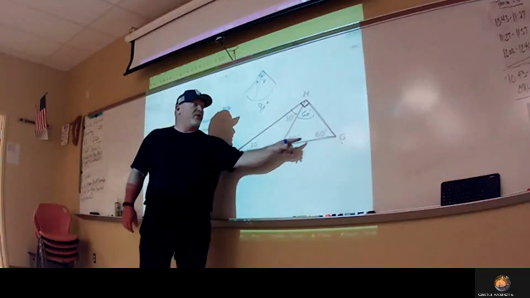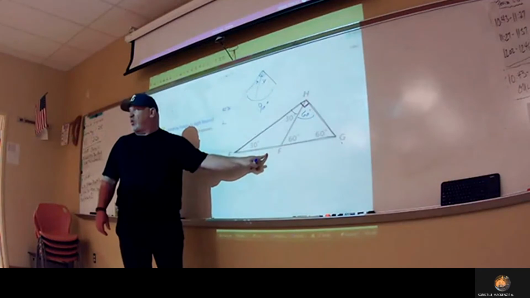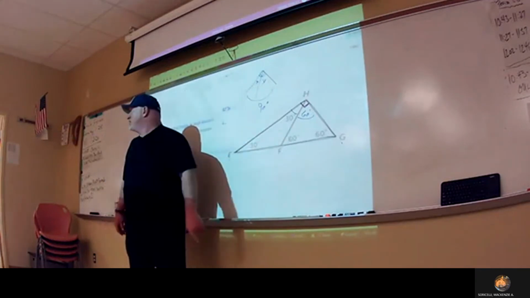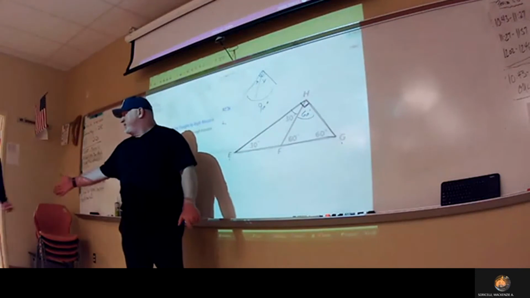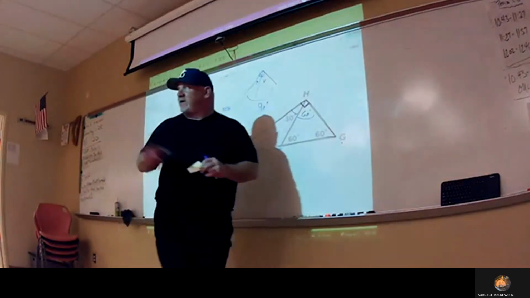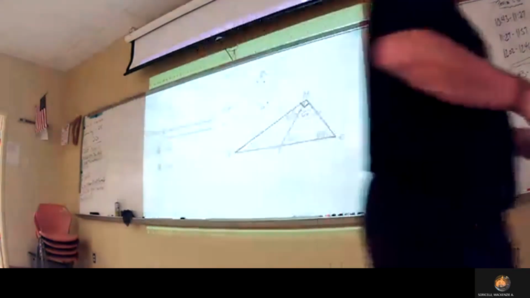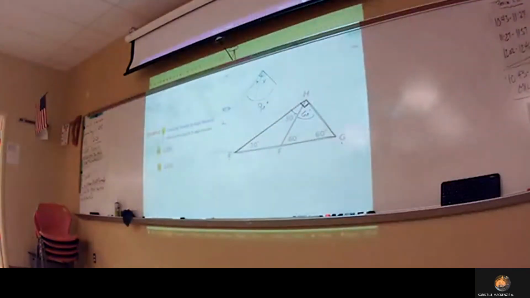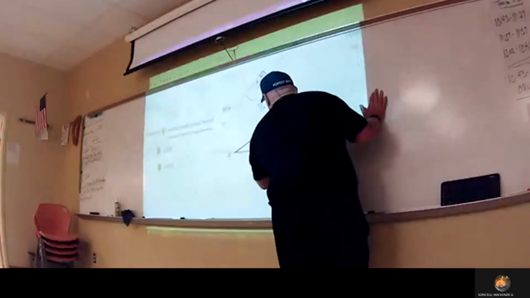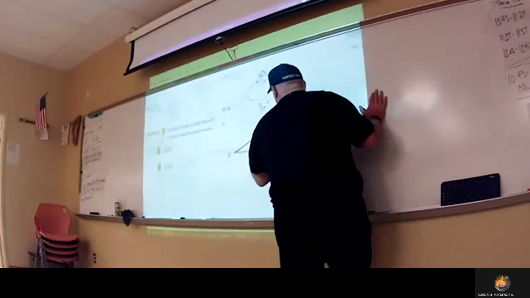Okay, so if the measurement of a straight line is 180, and this is 60, what do you think this angle is? Thank you, Zane. Nice! Exactly, 120.